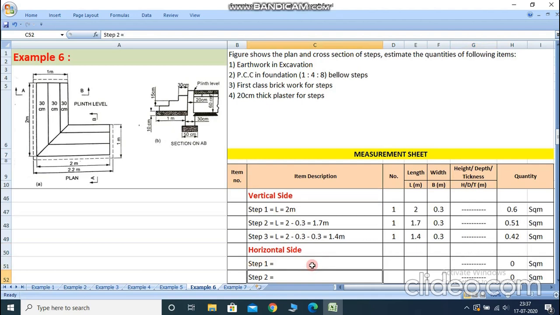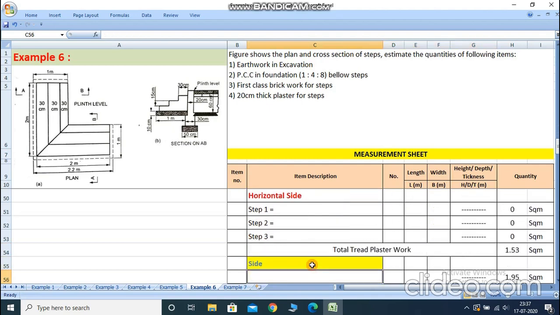Now we calculate for the horizontal side. For the horizontal side we take the first step. Here 2 meter length is given, but this square part is already calculated in the vertical side, so it is not included in the horizontal side. So 2 meter minus 0.3 meter. For step 1, the length is equal to 2 minus 0.3.